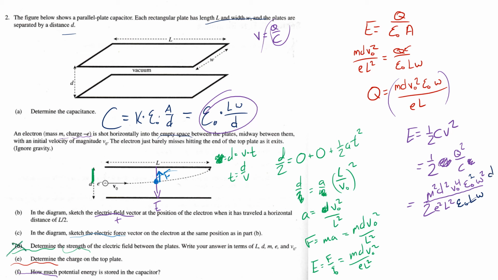Okay, is there anything that we can really, well, we can combine some stuff together, I suppose. There isn't much. So these guys can merge. This can cancel out that. I think that's about, well, on the D's, but that's about it. So we're going to have m squared d to the 3 v0 to the 4 epsilon 0 w squared.